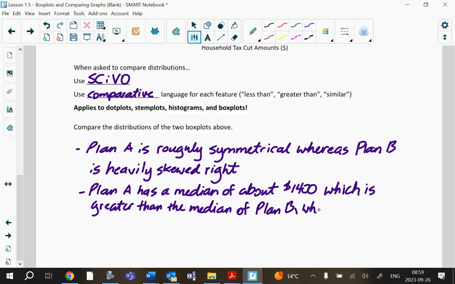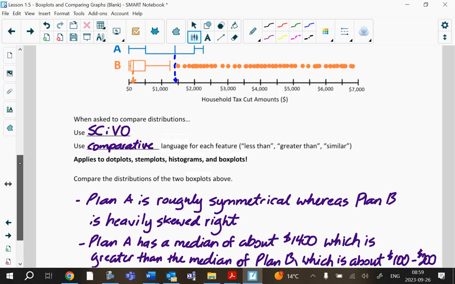Which is about 100 to 200, or 100, or 200. That's my best. Spread, variability. Well, if we're using the median, what's the variability measure we use?